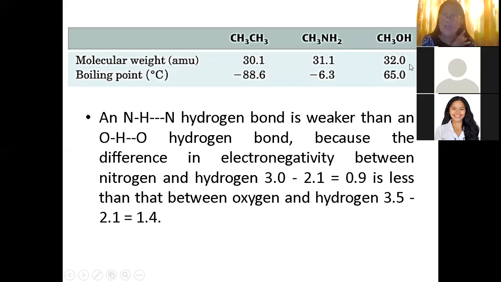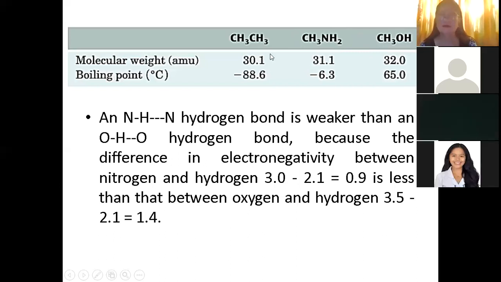Comparing these, why is the alcohol higher? Because there is stronger hydrogen bonding in the alcohol, and only a little hydrogen bonding in the amine. So the N-H hydrogen bond is weaker than the O-H. The boiling point of methanol is higher compared with methanamine.